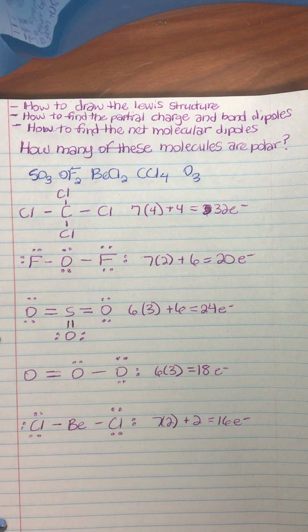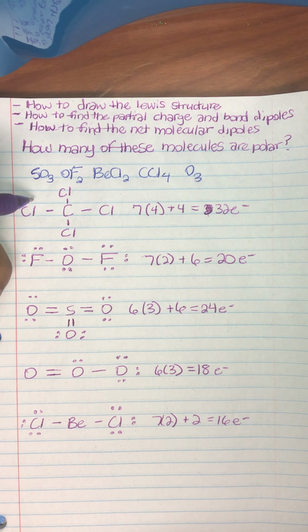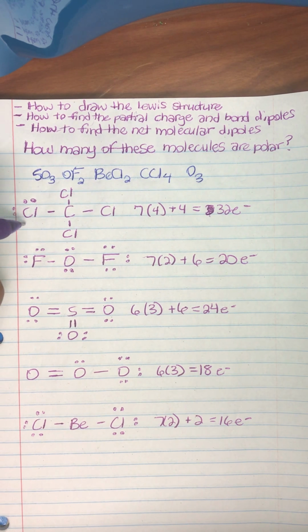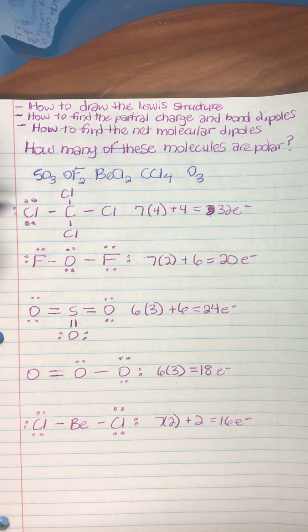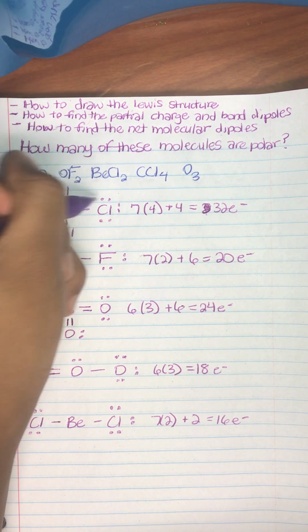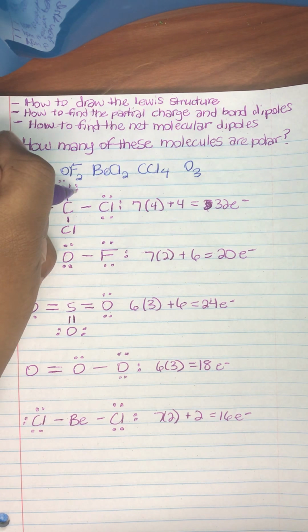Valence electrons. Alright, then you will give all the atoms an octet. So chlorine, and all the chlorines. Make sure that you're using up all the valence electrons.